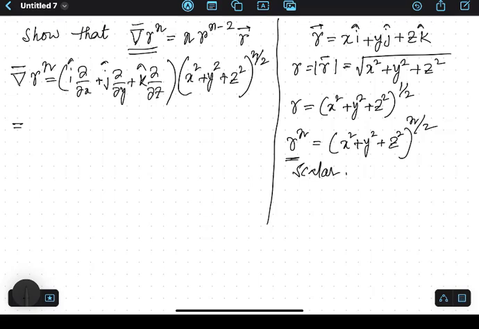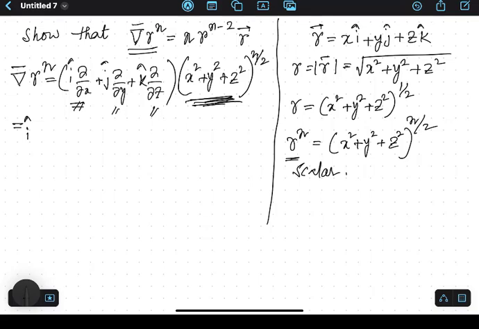So again, like the previous problem, every quantity of the first bracket will act on the second term, that is r to the power of n, which is a scalar quantity. So del x will act on the scalar quantity, del y will act on the scalar quantity, del z will act on the scalar quantity. So how does it look?